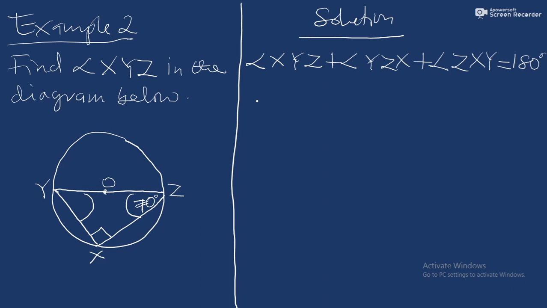So angle XYZ from the diagram is what we are looking for, so we'll maintain it, plus angle YZX, and then angle ZXY is the 90 degrees. Angle YZX is rather 70, so we'll correct that.